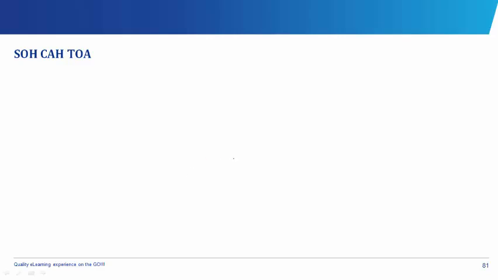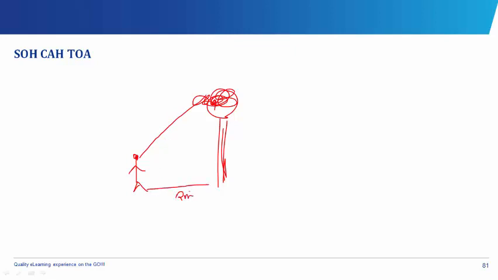So we're told that this is a tree this way, and the angle of elevation of the top of the tree, let's say this is the observer, from an observer standing 12 meters away from the foot of the tree is 40 degrees.